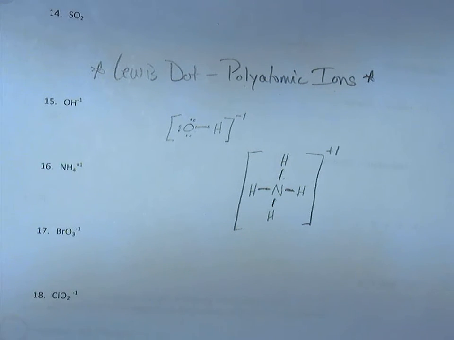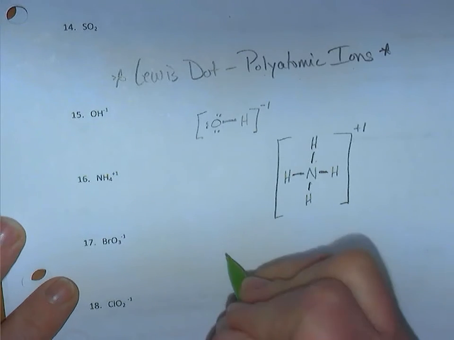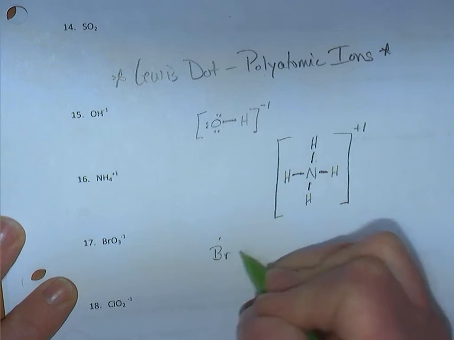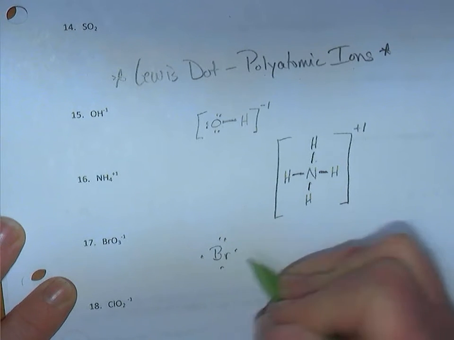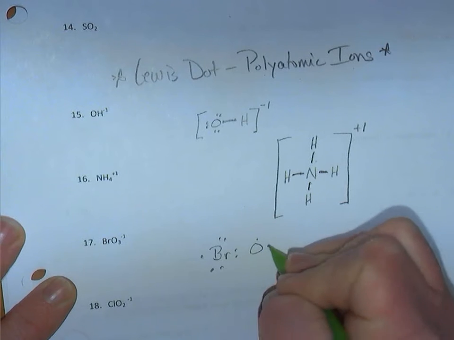All right. Let's go on to BrO3 minus. So bromine, we know we'd start with it having 7. Then we have 3 oxygens, each with 6.